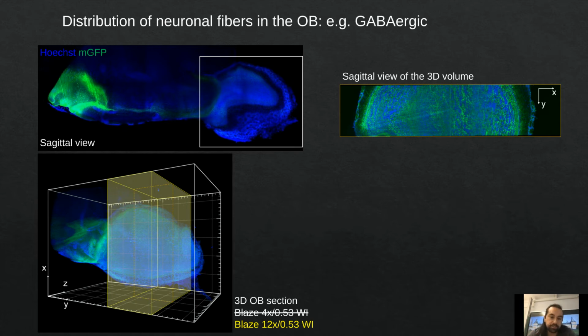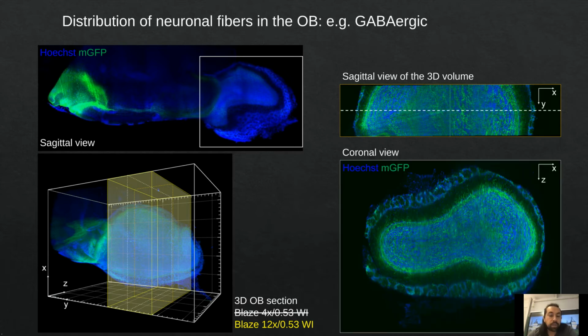If we take a sagittal perspective, we can see all the fibers going into the olfactory bulb, but with the same volume and the same sample, we can also make a coronal view. That is really useful for us because, as you can see, we can recognize the internal structure of the olfactory bulb, and we will use that to analyze where the fibers are projecting.